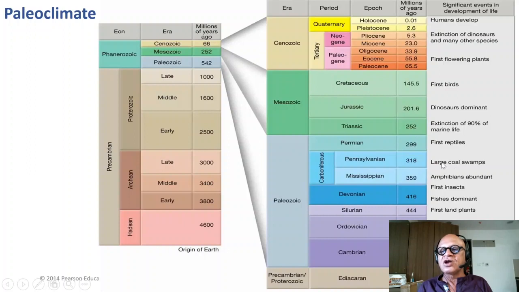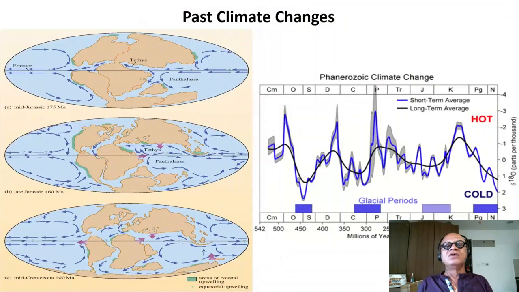So that's where you get the large coal swamps, reptiles, dinosaurs came and went, and then you had flowering plants much more recently in the Tertiary, then extinction of the dinosaurs, and mammals began to dominate after that, and the humans arrived on the scene just at the last fraction of a second in this kind of time scale. But here we are discussing our impact on climate and Earth, because we are now the dominant species.